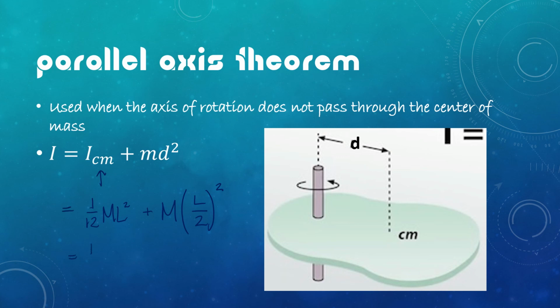So I can simplify that, 1/12 m l squared plus 1/4 m l squared. I can simplify that even further to get 1/3 m l squared, which is what we saw on that equation sheet there. So you can go through that whole derivation and switch the limits, or you could use this parallel axis theorem to make your life a little bit easier if you choose.